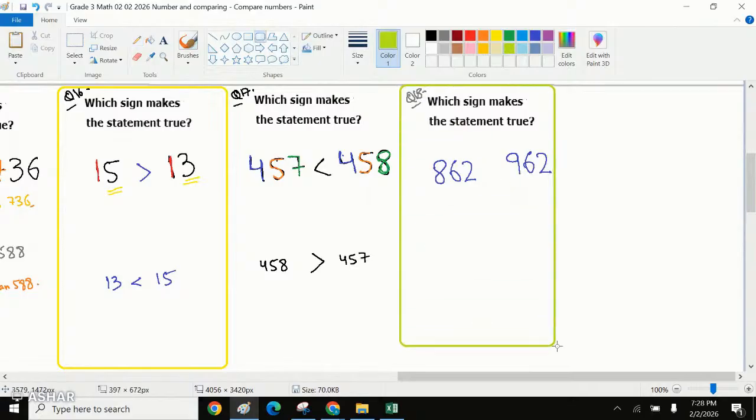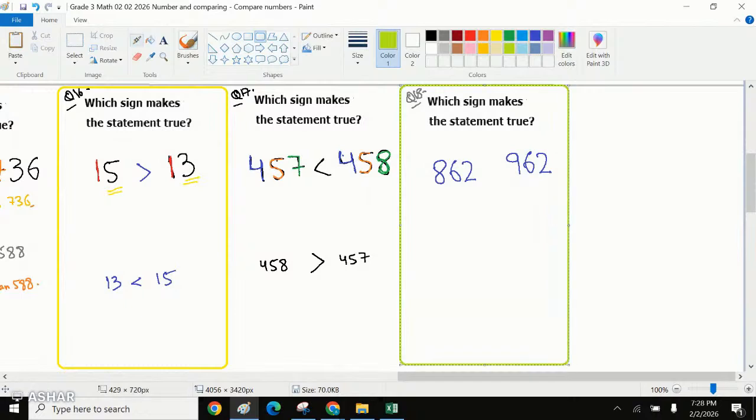If the values given are these two, we need to compare them, right? If it's a 3-digit number, we always start off with the hundreds position, right?